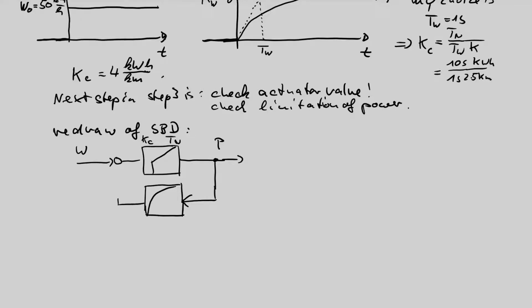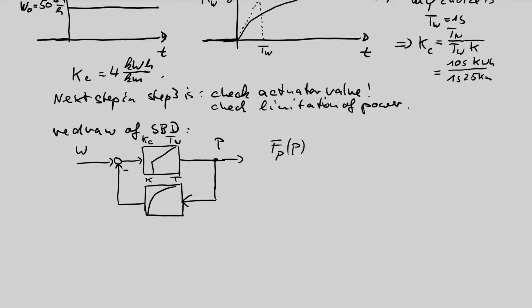You see, this looks like this. Don't forget the negative sign. So this is exactly the unchanged signal block diagram, only drawn in a slightly different way, so that you can follow me, because I now want to calculate the power reference transfer function.